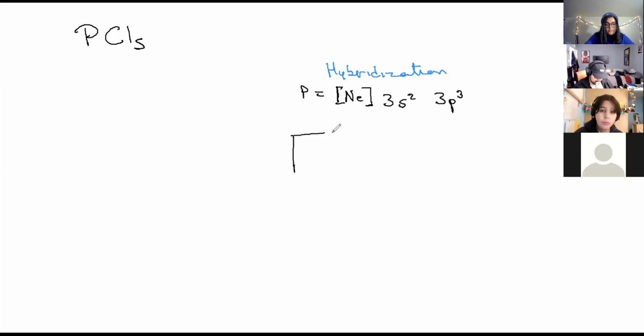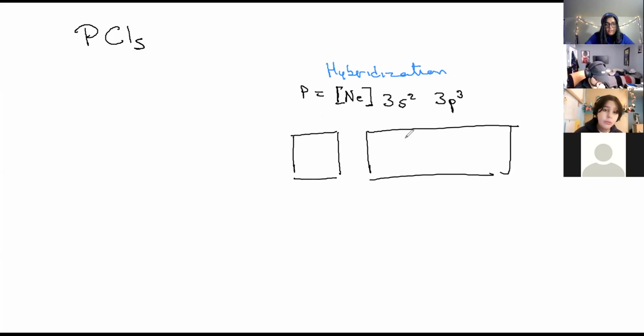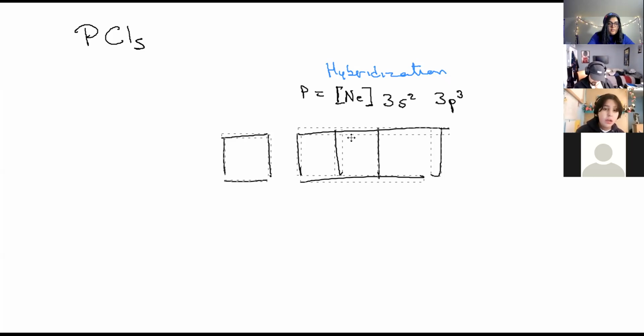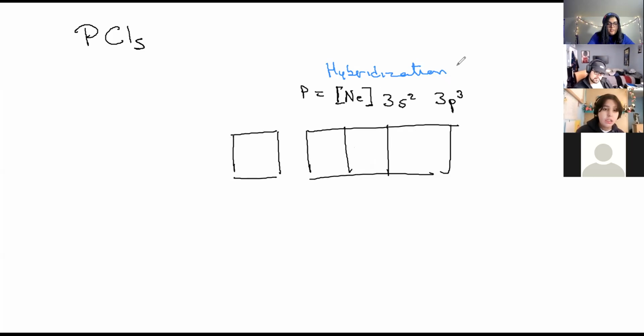So phosphorus does something really, really neat. This is what the orbital box diagram normally looks like: 3s, 3p.